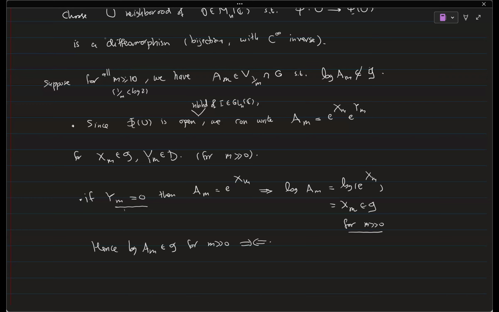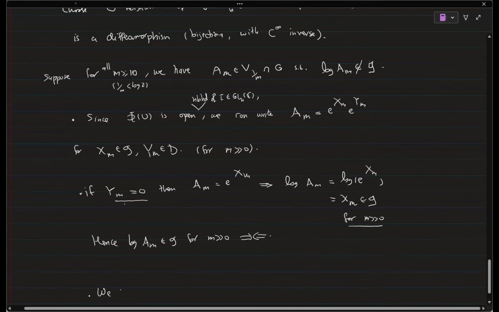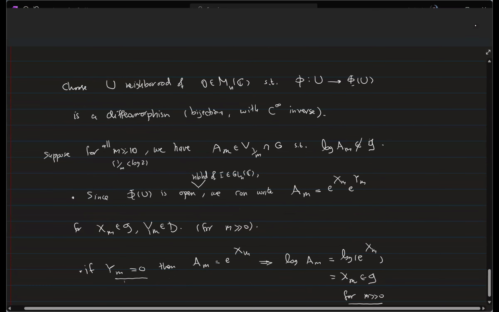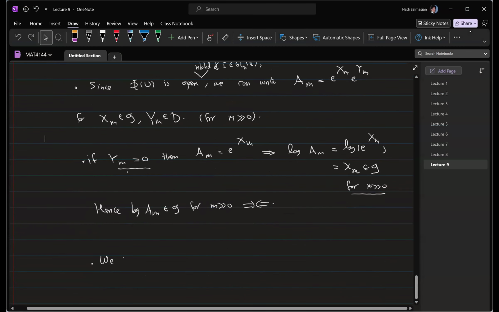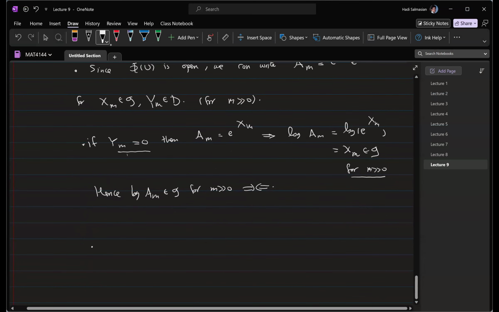So I know that Ym is non-zero. This means we can assume that the Yms are non-zero for all m sufficiently large.